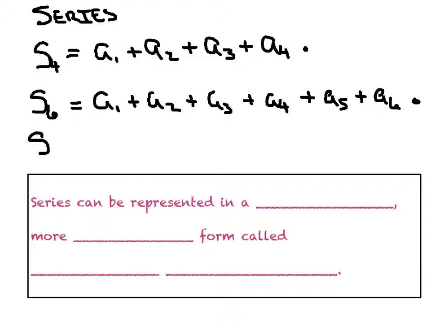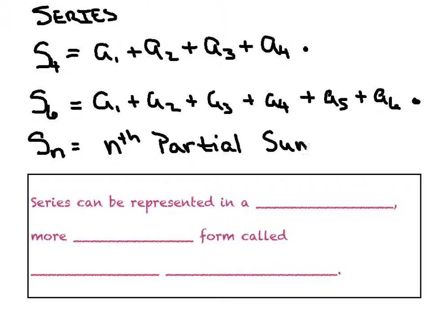Generally speaking, they're going to use S sub n, and that stands for the nth partial sum. That's a term that I want you to be familiar with, the nth partial sum. But as always in math, there's usually a simpler, quicker way to do that.